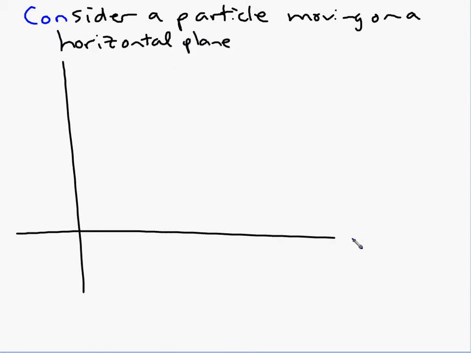We're just going to draw a simple graph here, and let's say that the particle starts at 3. We're not worried about y values here, because we're just talking about horizontal values. Let's say it starts at 3 and moves to the left 2 units. Of course, we would think of that as a -2.